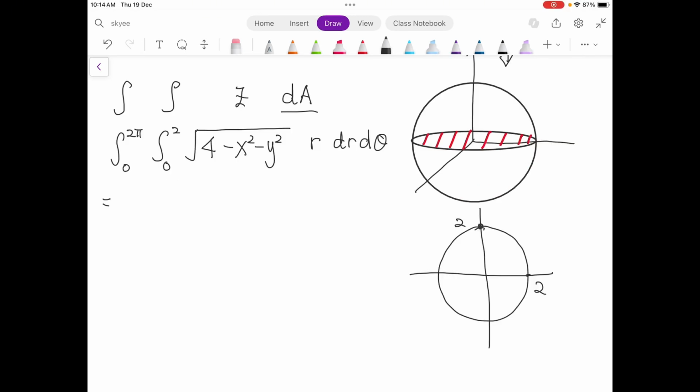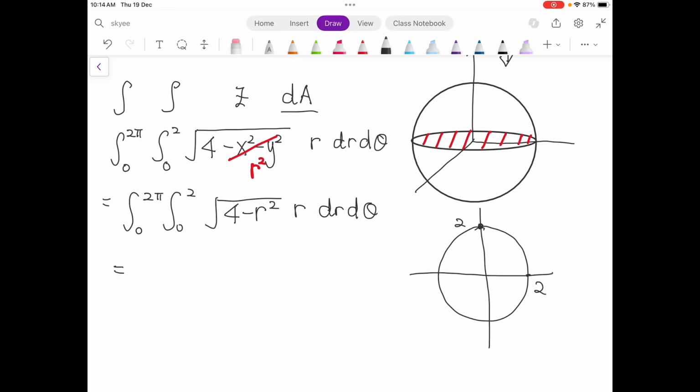So let's transform to polar coordinates. This one is going to be r squared, so the square root of 4 minus r squared, then we have r dr d theta.